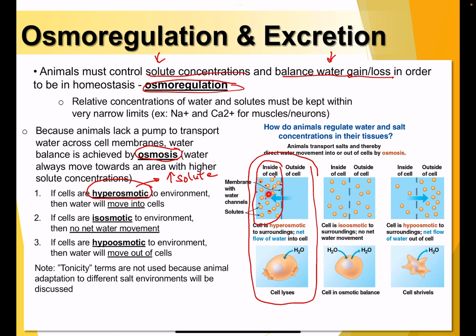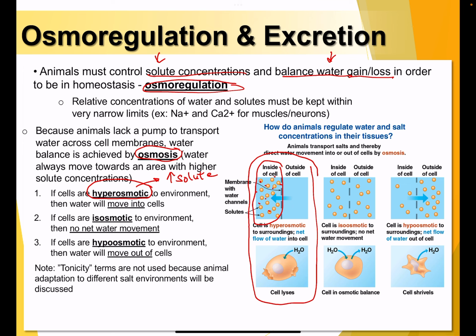Osmosis is where water will always travel towards the side with higher concentration of solutes, or water will always follow salt. So there's a higher concentration, and water will then rush in to fill that area with more water. That's why water will move into the cell, as you saw here.